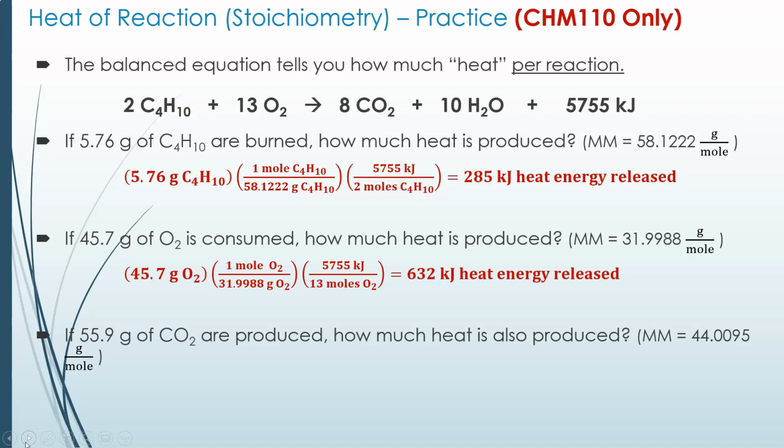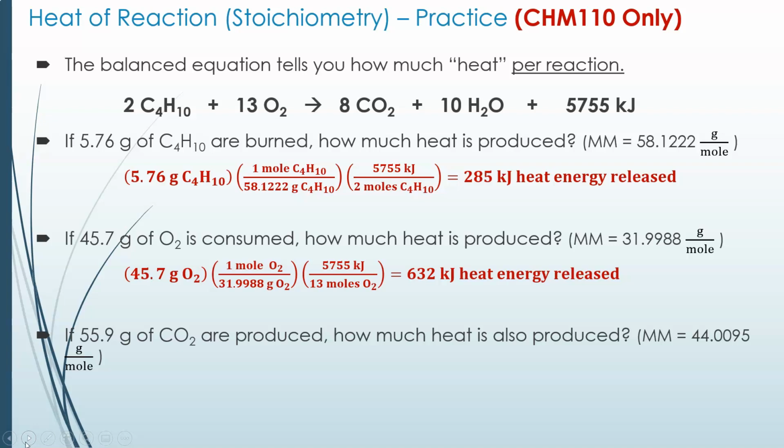In our last problem, if 55.9 grams of carbon dioxide are produced. So you'll notice in the first question, we're talking about one of the reactants. In the second question, we're talking about the other reactant. And in the third question, we're talking about one of the products. It doesn't matter which one of the 4 we talk about. If we know how much was involved in the reaction, we can turn any one of those into any other of the 5 in this thermochemical equation.